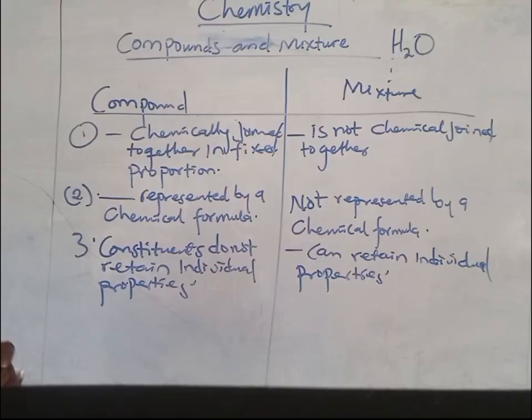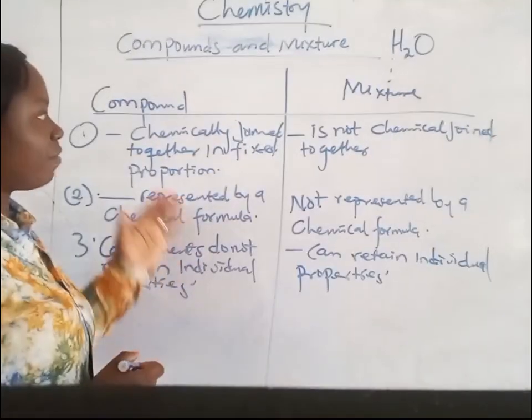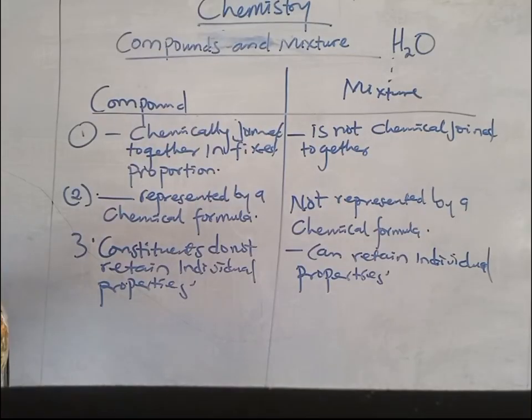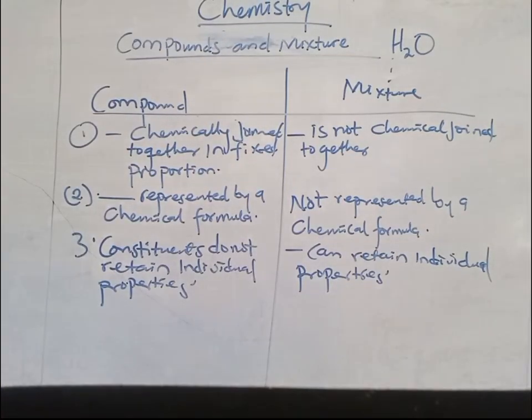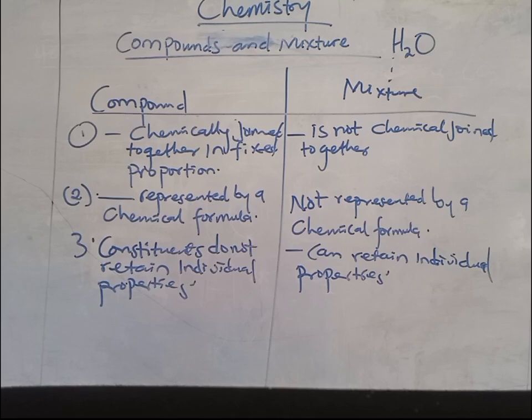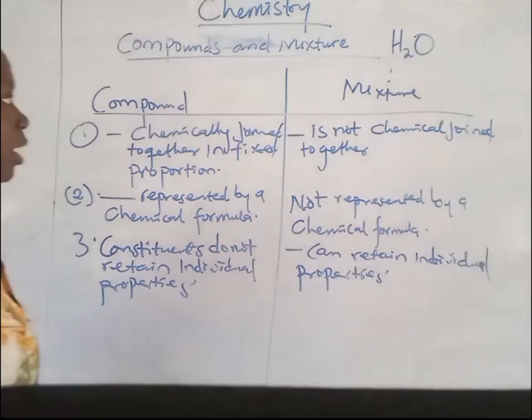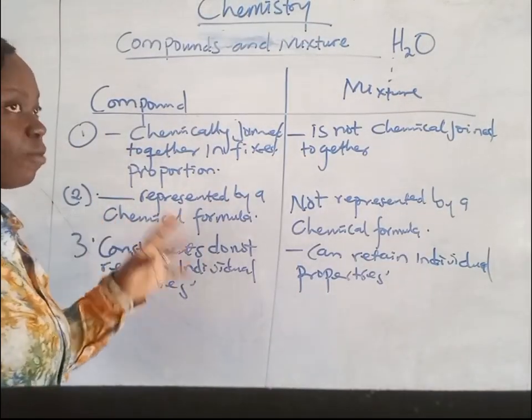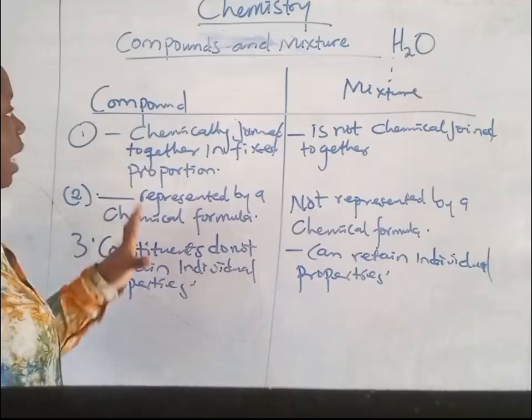Okay, so those are the differences between compounds and mixtures that we have discussed. We said compounds are chemically joined together in fixed proportion, while a mixture is not chemically joined together. A compound can be represented by a chemical formula. In fact, that is how you know it is a compound.